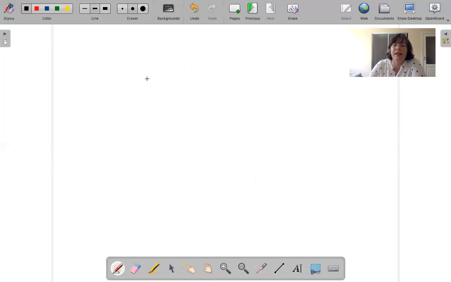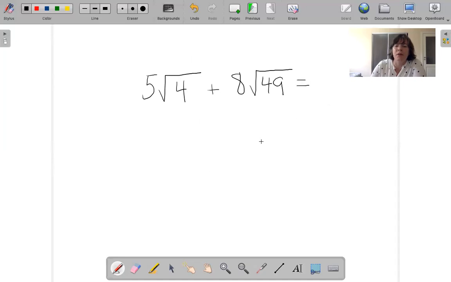Let's say 5 times the square root of 4 plus 8 times the square root of 49 equals. Well, what's the square root of 4? x times x equals 4.